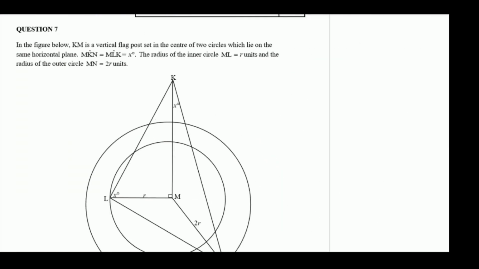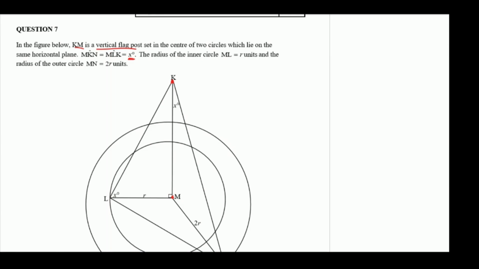Now we're given this case where a figure has KM, which is a vertical flag. We are told KM is a vertical flag, set in the center of two circles which lie on the same horizontal plane. So angle MKN is equal to angle MLK, which is x, right?